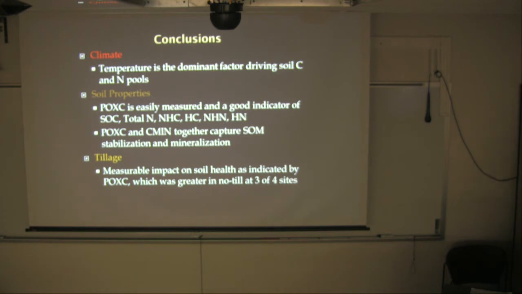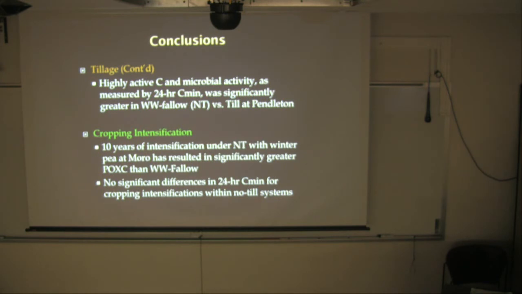Looking at tillage, across the REACH study area it has had a measurable impact on soil health, with no-till greater than till in 3 out of 4 sites. And again, tillage, highly active carbon and microbial activity as measured by the 24-hour carbon mineralization was only significantly different at Pendleton, no-till versus till.